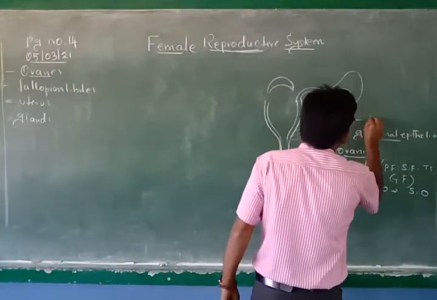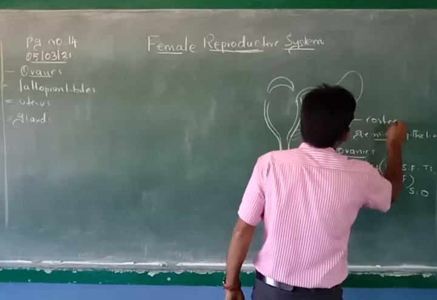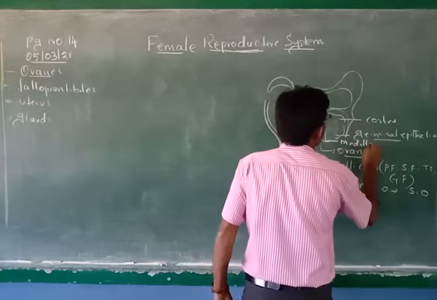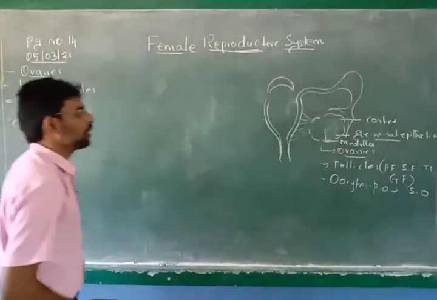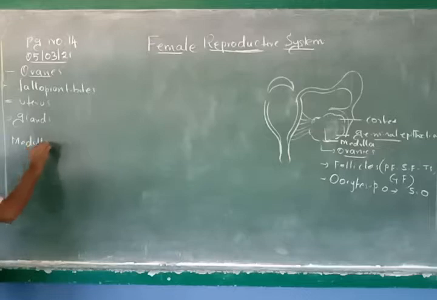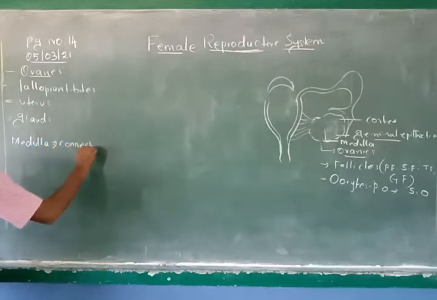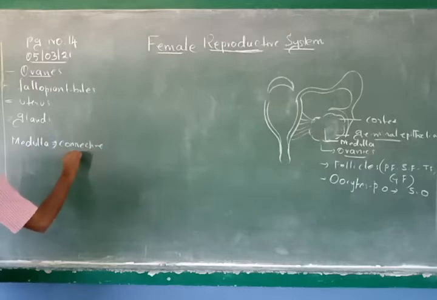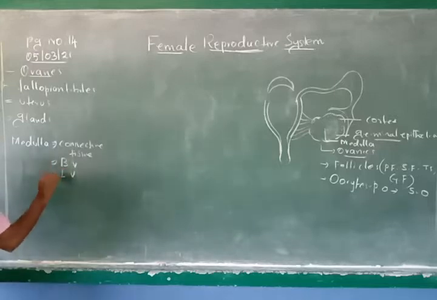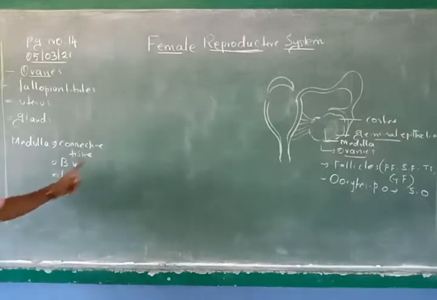The outer part is called the cortex and the inner part is called the medulla. The medulla has connective tissue, blood vessels, some lymphatic vessels, as well as nerve endings or nerves.